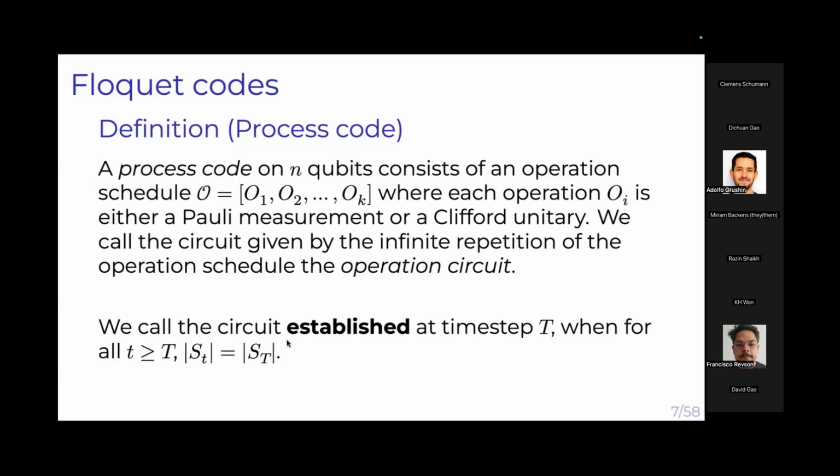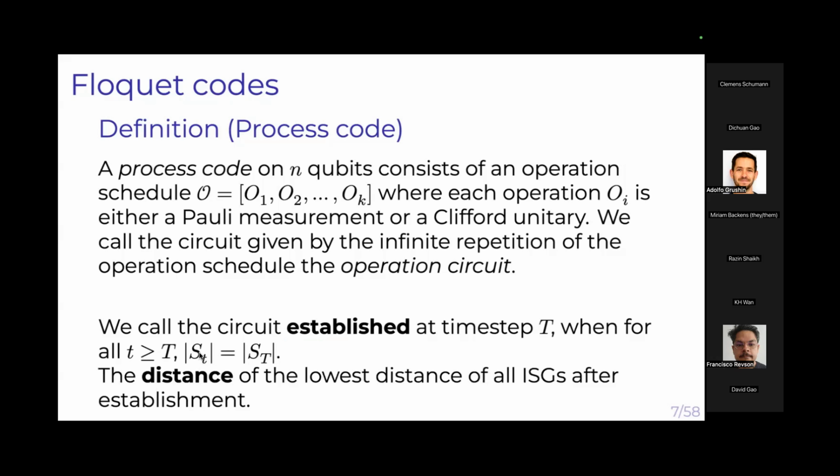That is what establishment means. A circuit is established if the size of the instantaneous stabilizer group is not increasing anymore. And the distance is the lowest distance of the instantaneous stabilizer group after establishment.